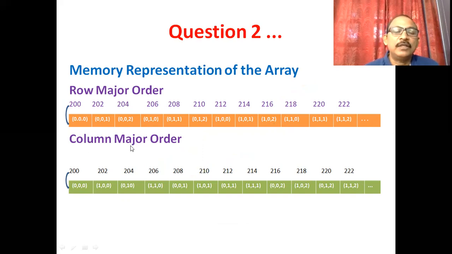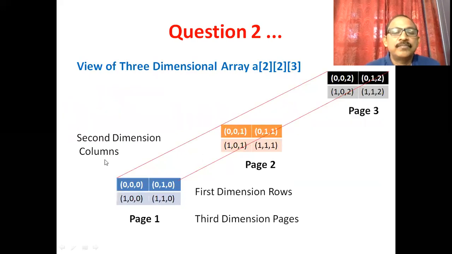In column major order, let us see. First we store 0, 0, 0 and 1, 0, 0, then this column 0, 1, 0 and 1, 1, 0. Next we store 0, 0, 1, 1, 0, 1, 0, 1, 1, 1, 1, 1, and so on.